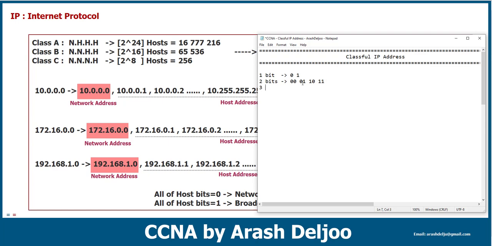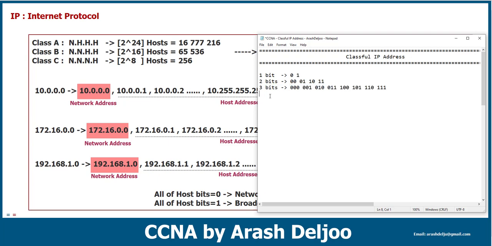And when you have 3 bits, let me show you, you have 8 combinations: 000, 001, 010, 011, 100, 101, 110, 111. That is 8 forms.